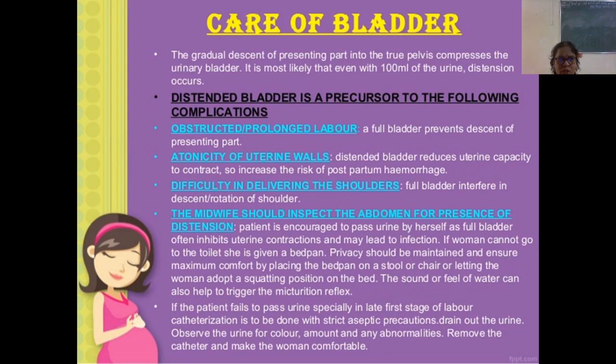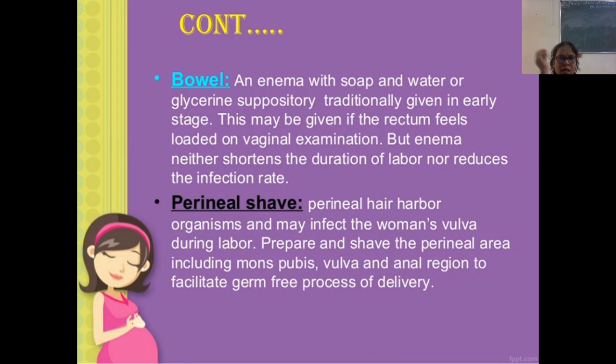The midwife should inspect the abdomen for presence of distension and see that there is no distension, and as and when necessary, Foley's must be passed and the bladder should be emptied. Immediately the catheter should be removed after emptying the bladder. Then an enema with soap and water or glycerin suppository is traditionally given in early stage.